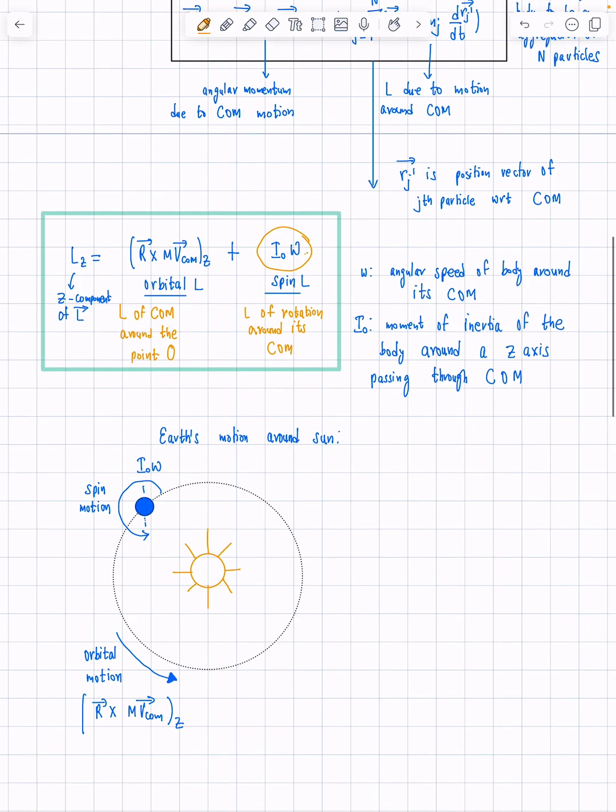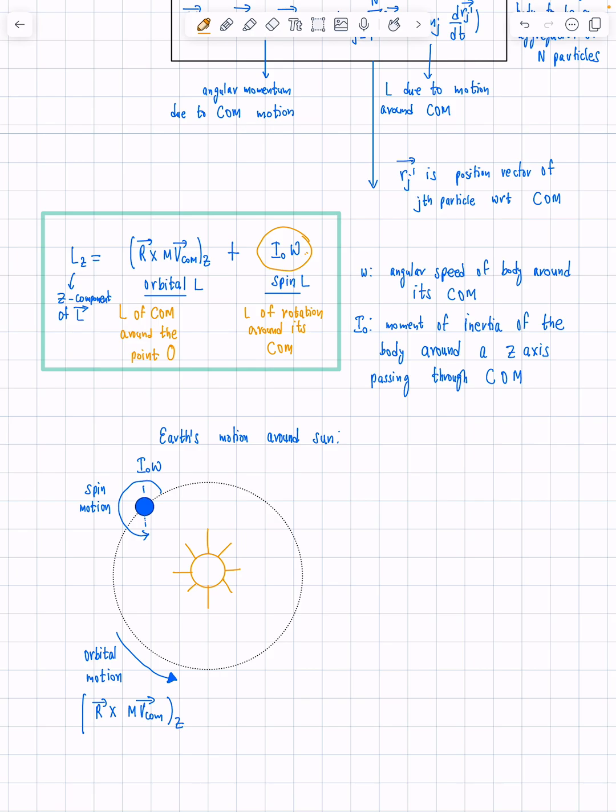The Earth is spinning around its own axis and completes one rotation in a day. At the same time, it's also doing orbital motion and takes one year to complete one rotation around the sun. So the orbital motion is the first component, and the spin motion is the second component of the angular momentum.